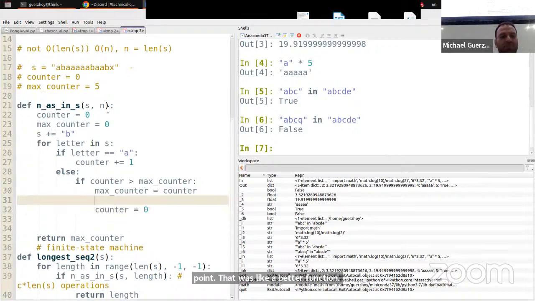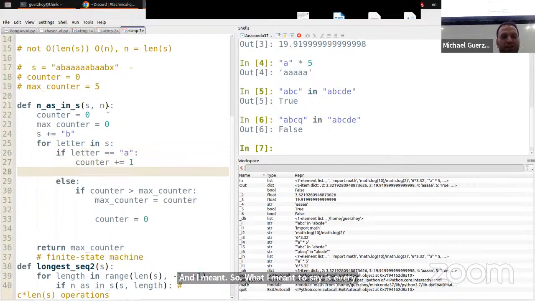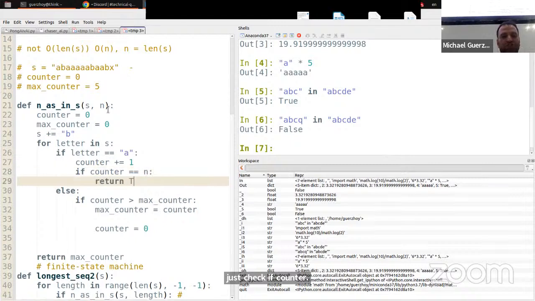So what I meant to say is every time I'll just check if counter is equal to N, and I'll return true. And I'll remove that later. Yes, thank you. Does that make sense?